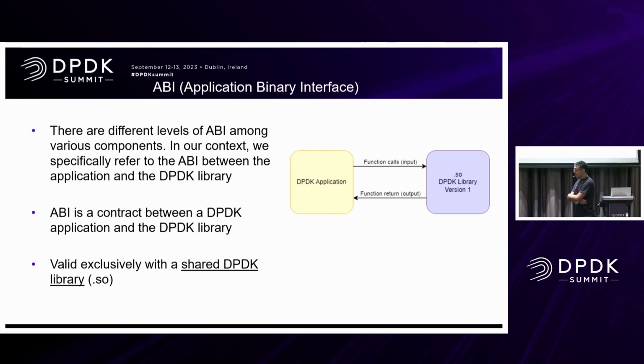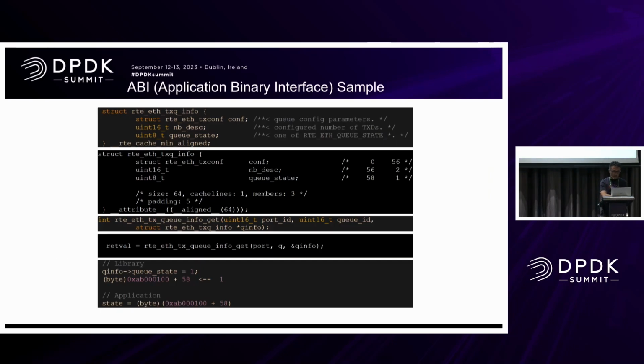ABI in our context is between the DPDK application and the DPDK library, the shared library. Otherwise, there's no concept of ABI anyway. This is a very simple, crude example.